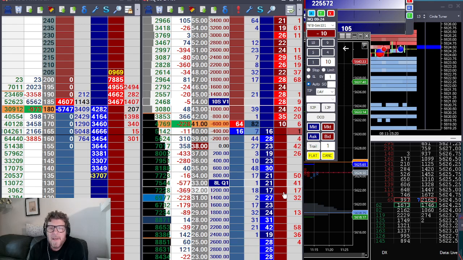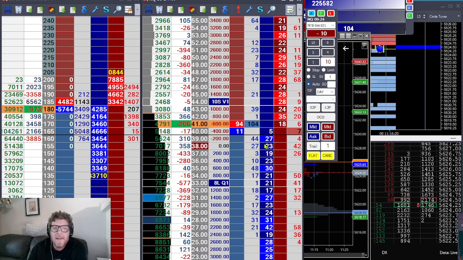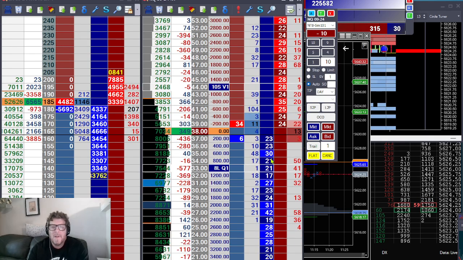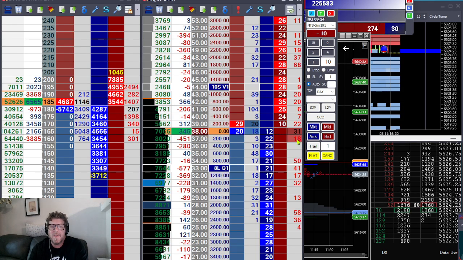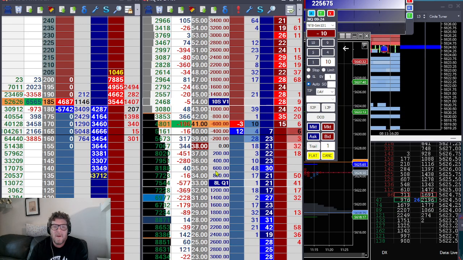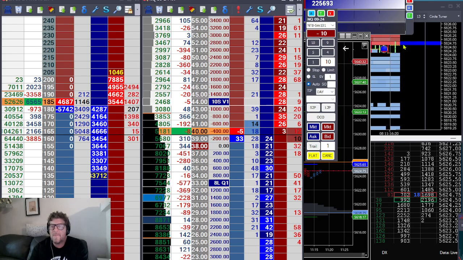I haven't tried trading NQ in a while just because it's so volatile. So I'm watching that 28 right there when it pulled. So we've got 22, 27 prints coming through on the offer side, 30 prints. Sellers are strong right here. They're going to run into some support right at 35, whatever number that is.